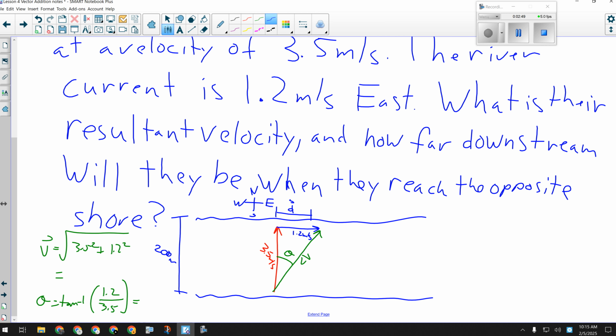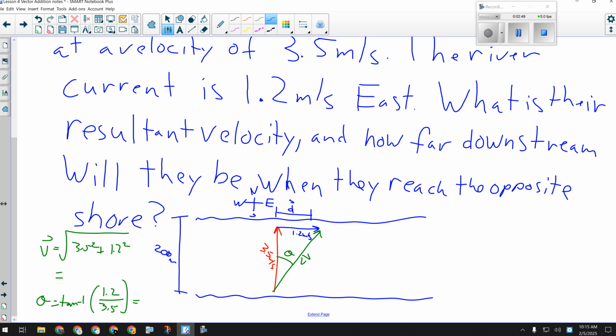Time. I need to know how long they're rowing across the river, because as long as they're rowing across, they're also floating downstream. I can find time with the across information. t equals d over v, which is 200 meters across divided by 3.5 meters per second.